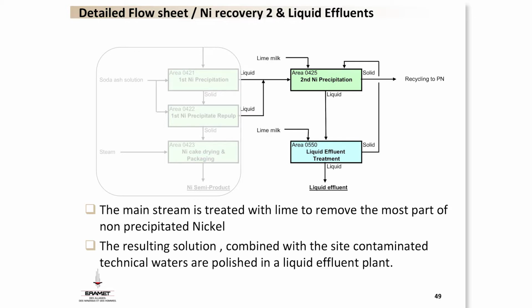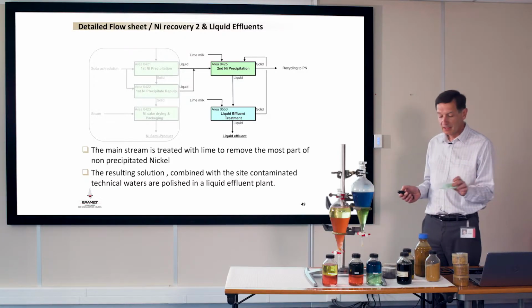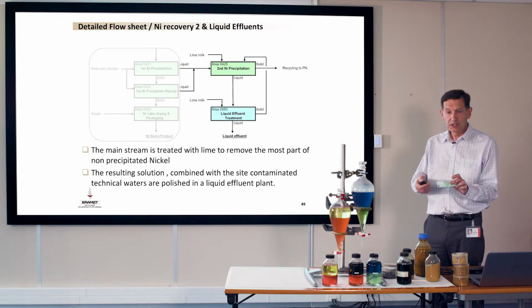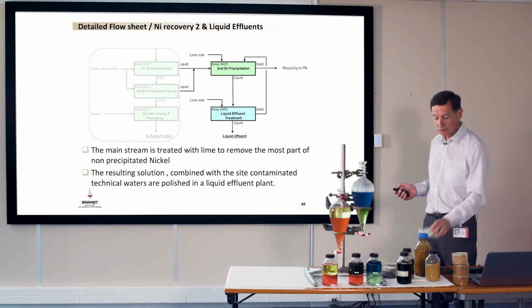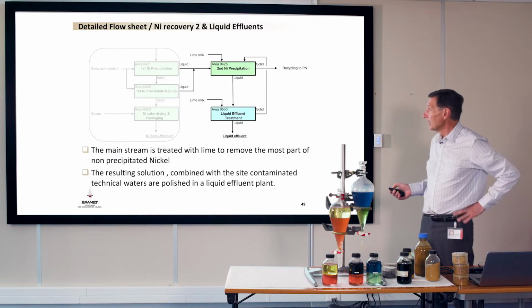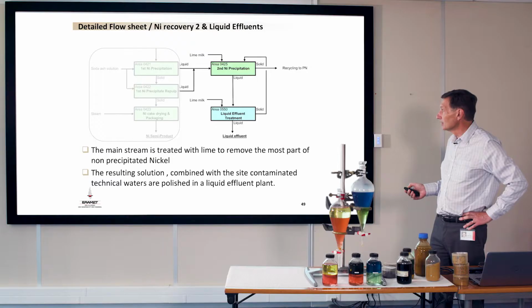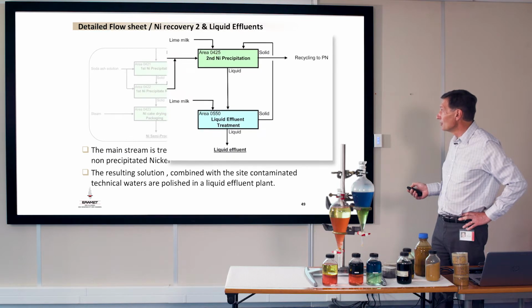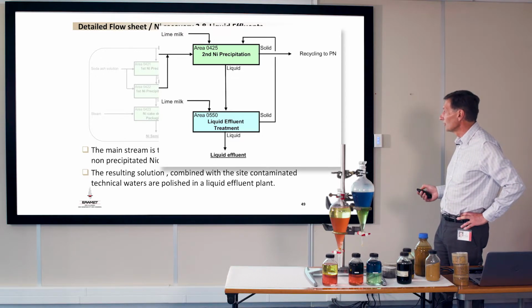After that, to recover a pure nickel product, you will precipitate only 80% of the nickel. If you continue the reaction, you will also precipitate magnesium and other impurities you don't want to have. The main consequence is that you have liquid with still some nickel in it, and you have to reprecipitate this remaining nickel and recycle it in the process.